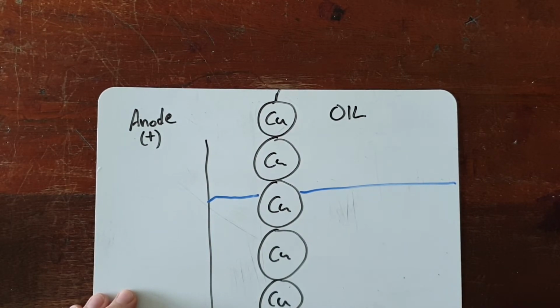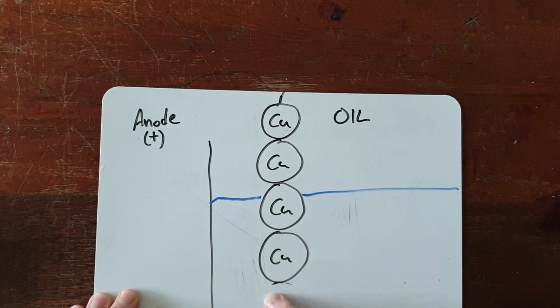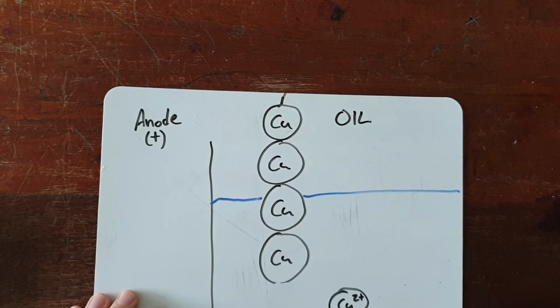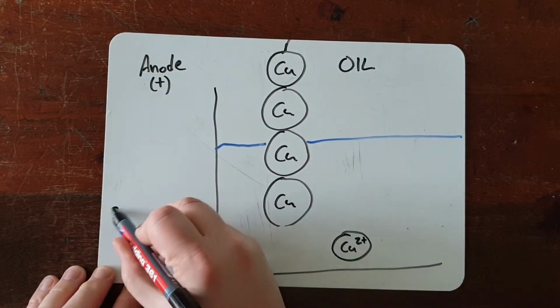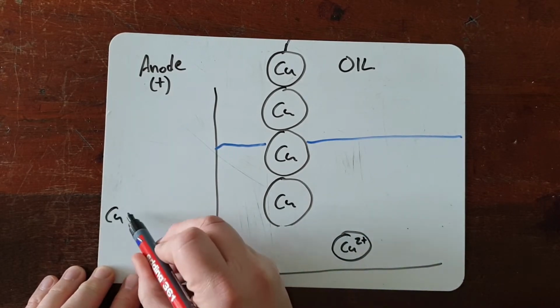So this Cu, I'm going to rub it out. It's going to have lost 2 electrons, which means it turns into Cu2+, because it's lost 2 electrons. So the half equation for that: we've got copper, it's going to lose electrons.